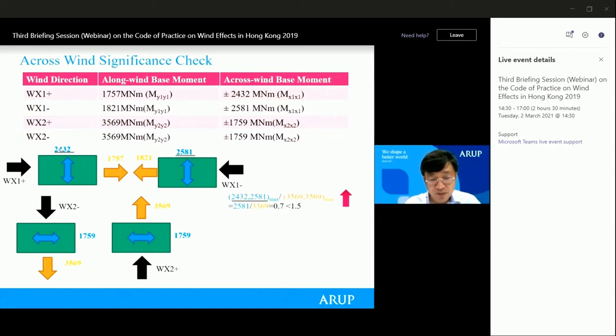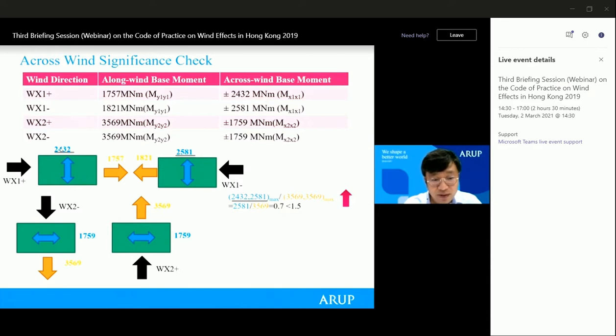So then finally, we need to make a judgment, first of all, whether a wind tunnel test will be needed. For the vertical direction, as shown in the purple arrow, we pick up the bigger crosswind moment, so that is 2432 and 2581, as highlighted, underlined in green.